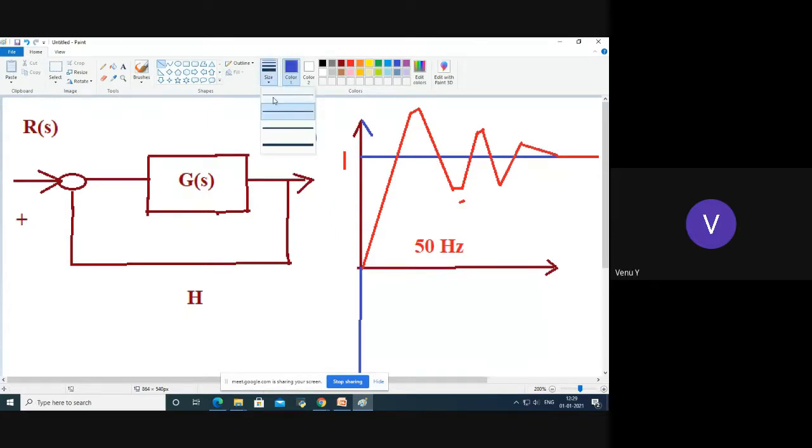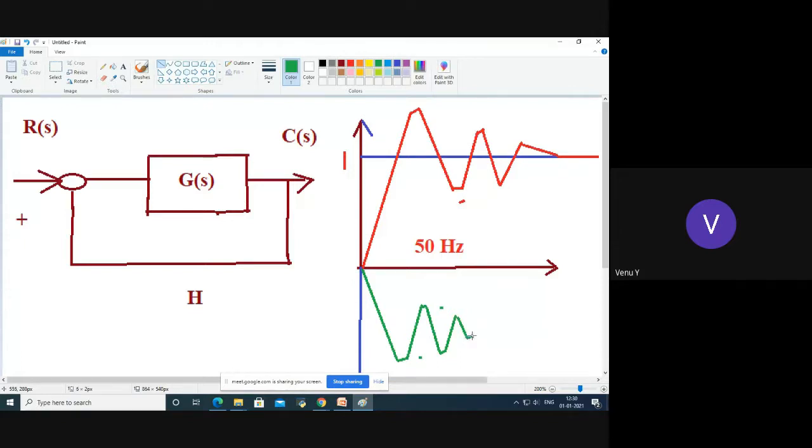Therefore, the response may be downward. So the response may be this kind of response.